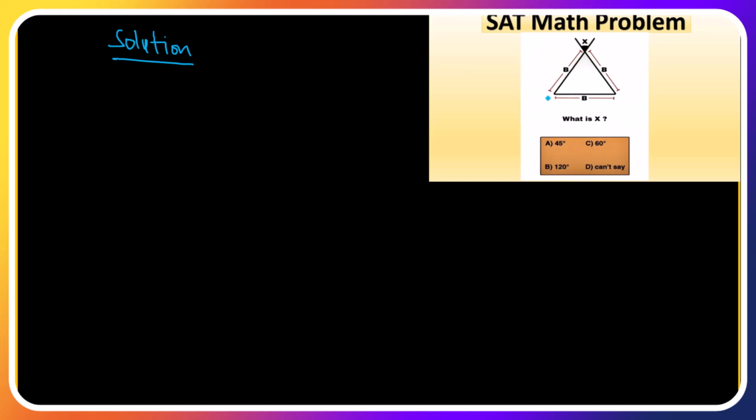So from the figure, the triangle wasn't labeled, so let's label it P, Q, R. From triangle PQR, we could see that each side measures B, meaning the side PR is equal to the side PQ, and it's also equal to the side QR.